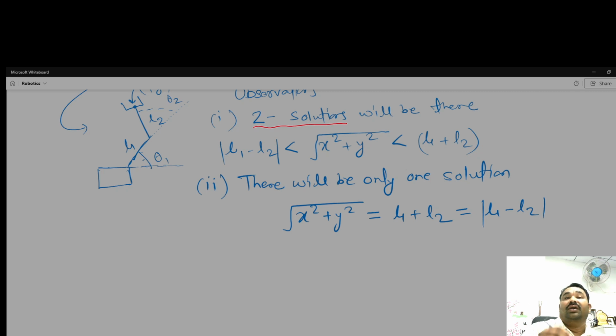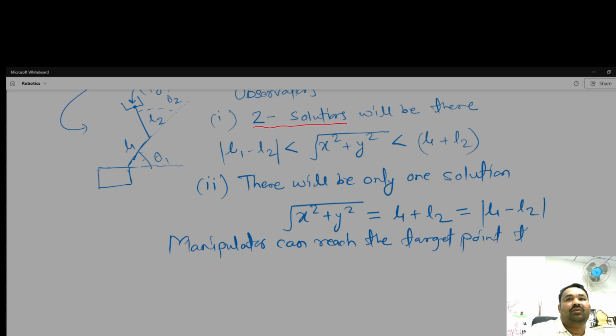This is the case where there will be one solution, meaning the manipulator can reach the target point through only one way.